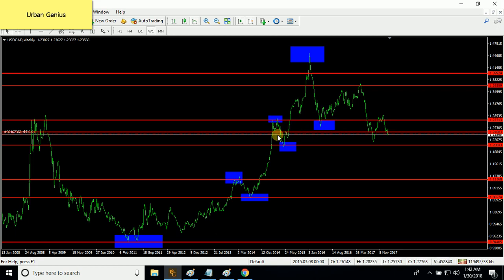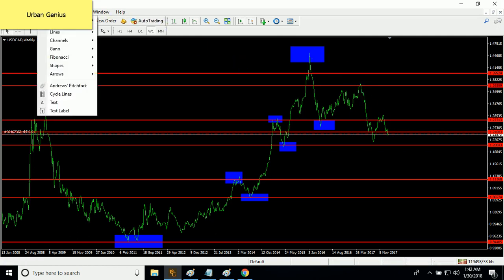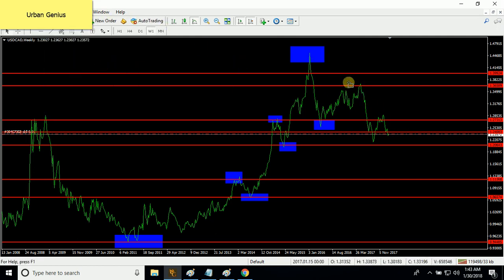Okay, so we can clearly see that we have three levels here. Level 1, high. Level 2, high. Level 3, high. Higher low. Lower high. So this would indicate a trend change.